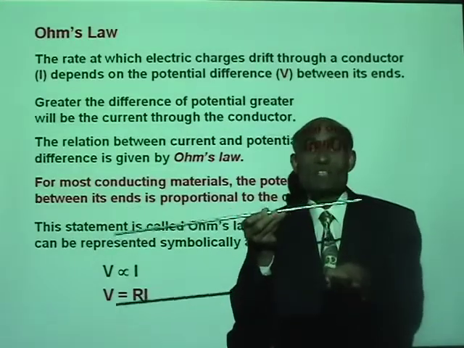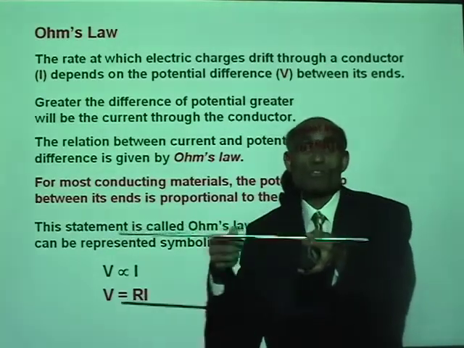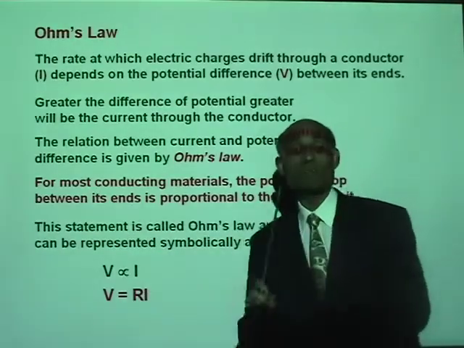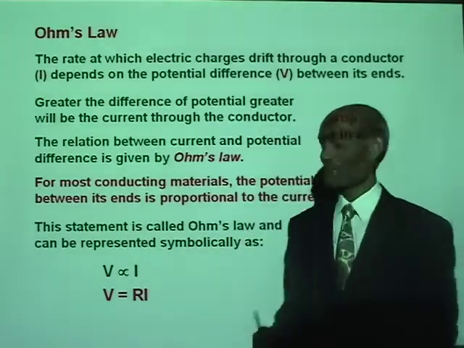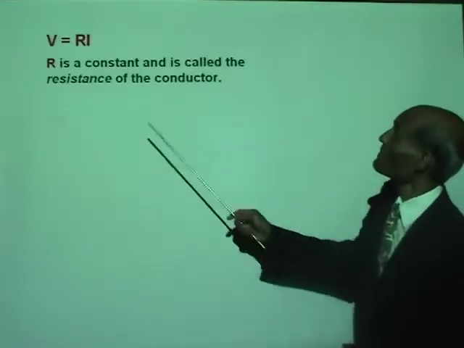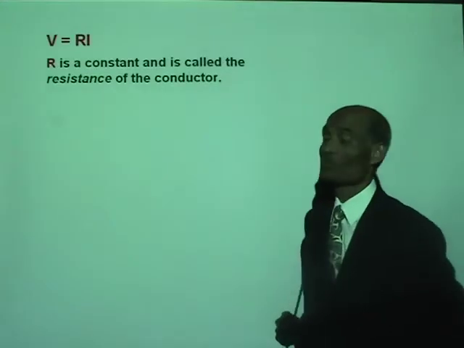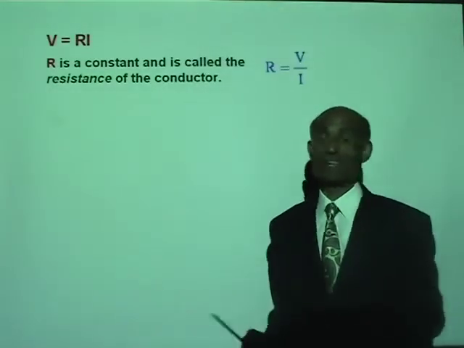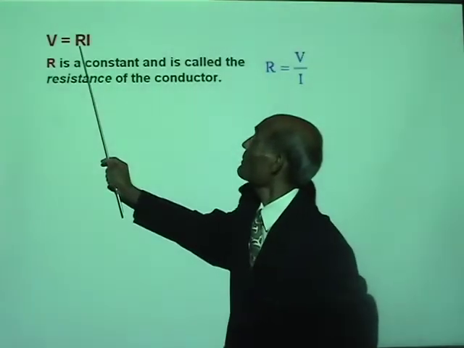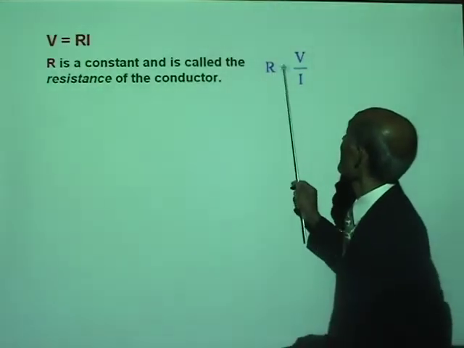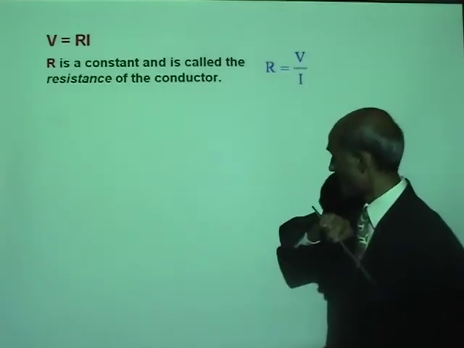Well, any conductor will offer a resistance for the flow of current, and R is a measure of that resistance. So V equal to RI, R is a constant and is called the resistance of the conductor. And I can write R therefore equal to V divided by I. R equal to V divided by I.